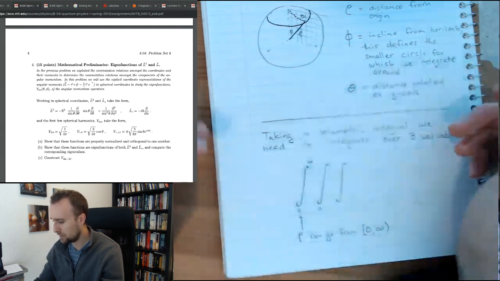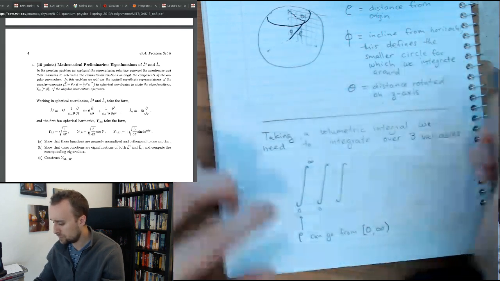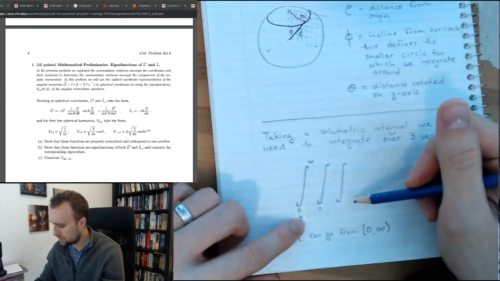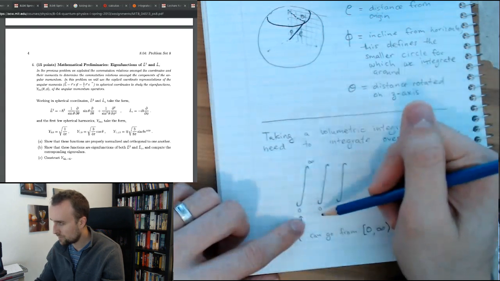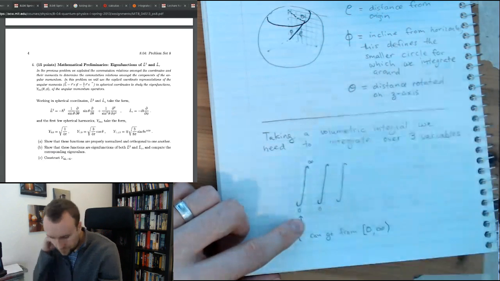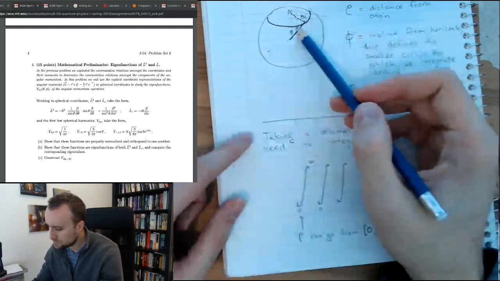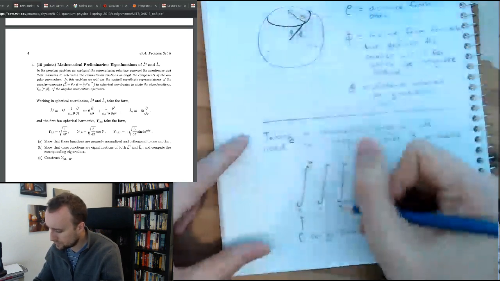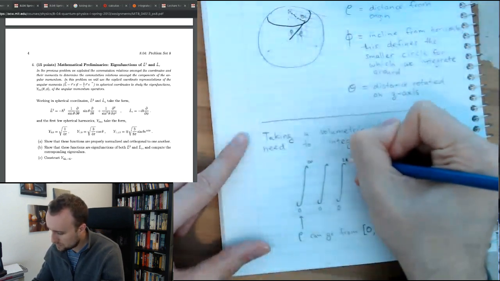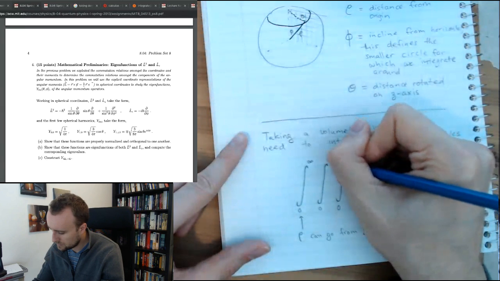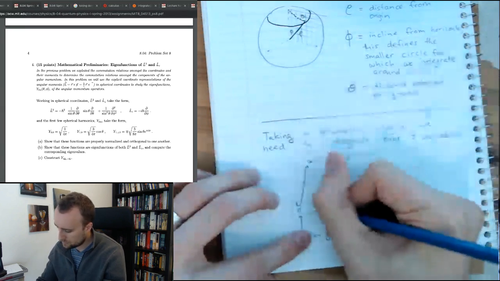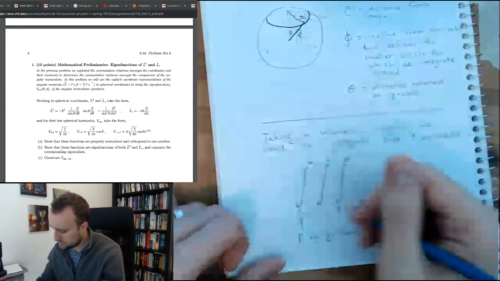We want the order we normally do it. Go around this. So this is going to be 2 pi, and this is going to be from negative pi to pi, right?